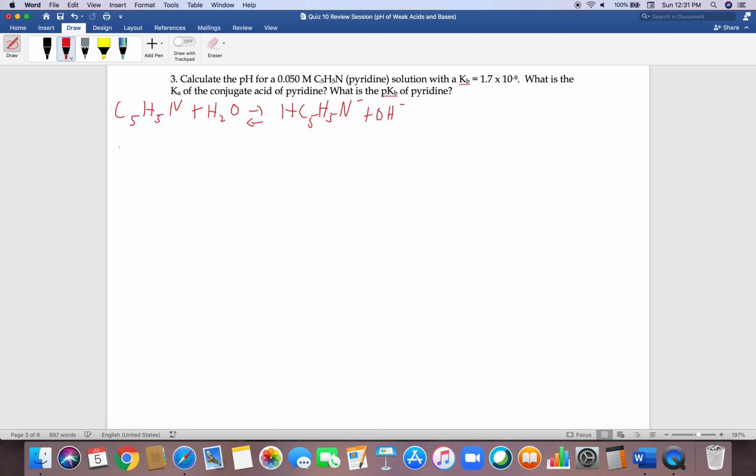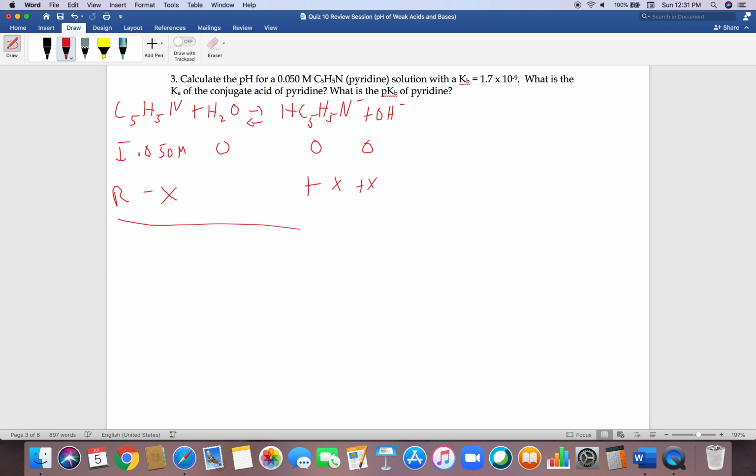So initially, I have 0.05 molar of reactant, and I don't have any water, 0 of product, and I'm reacting, so I'm going to lose X on my reactant side, but gain it on my product side.